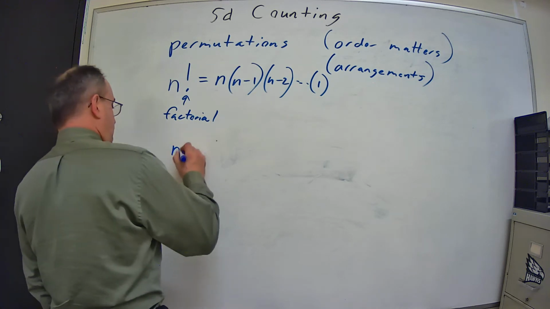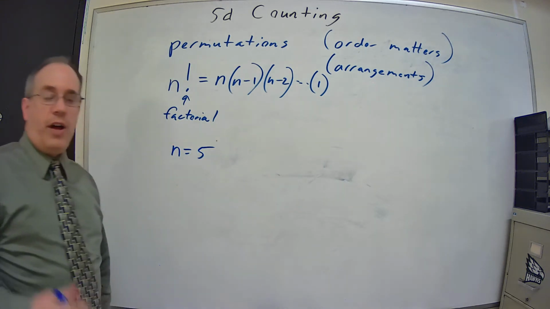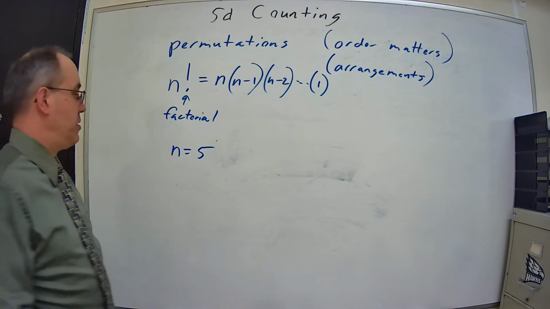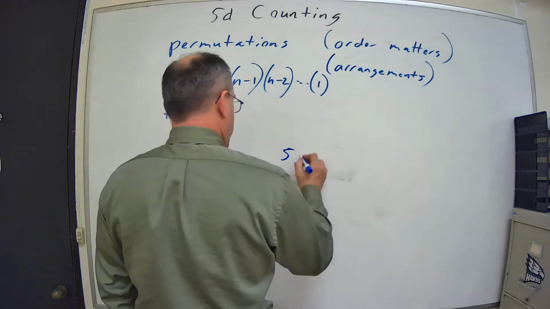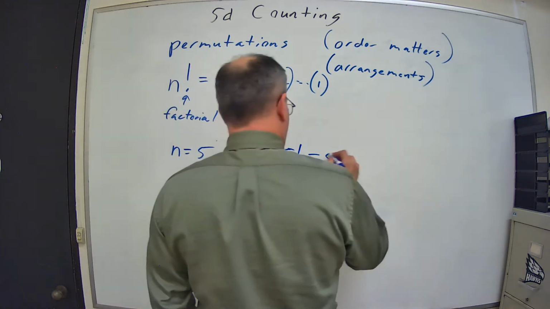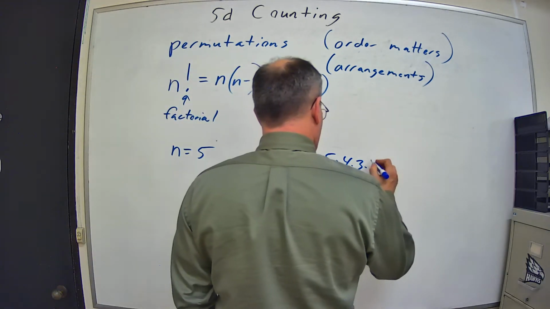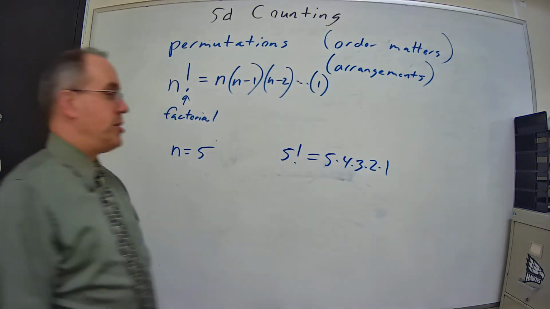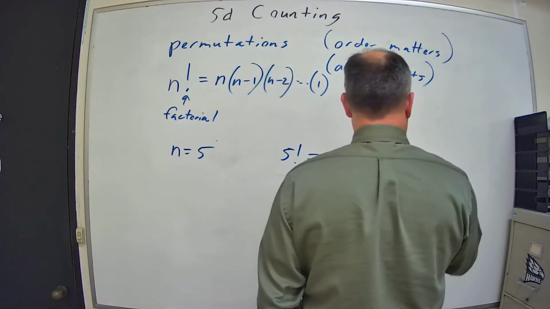So if I say n is equal to 5, if I have 5 items and I want to know how many ways I can arrange 5 items, I can arrange them 5 factorial ways, which is 5 times 4 times 3 times 2 times 1, which is equal to 120.